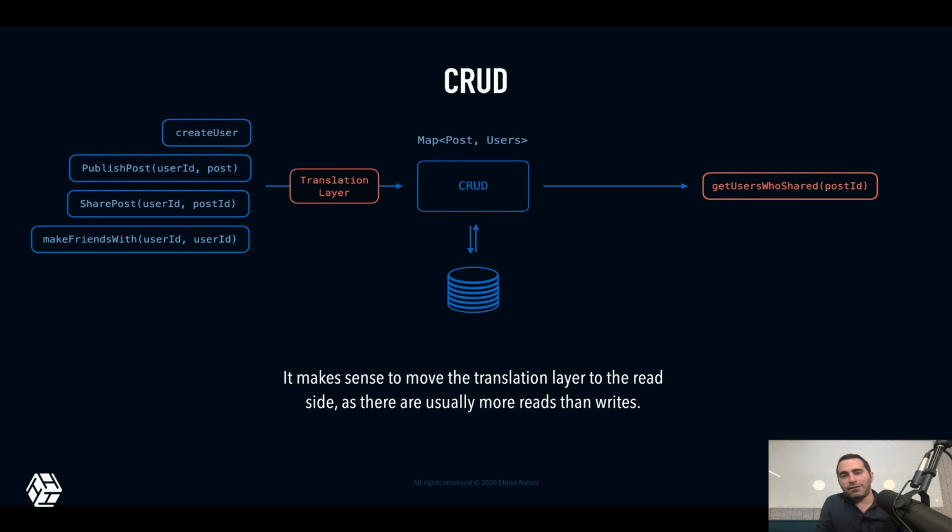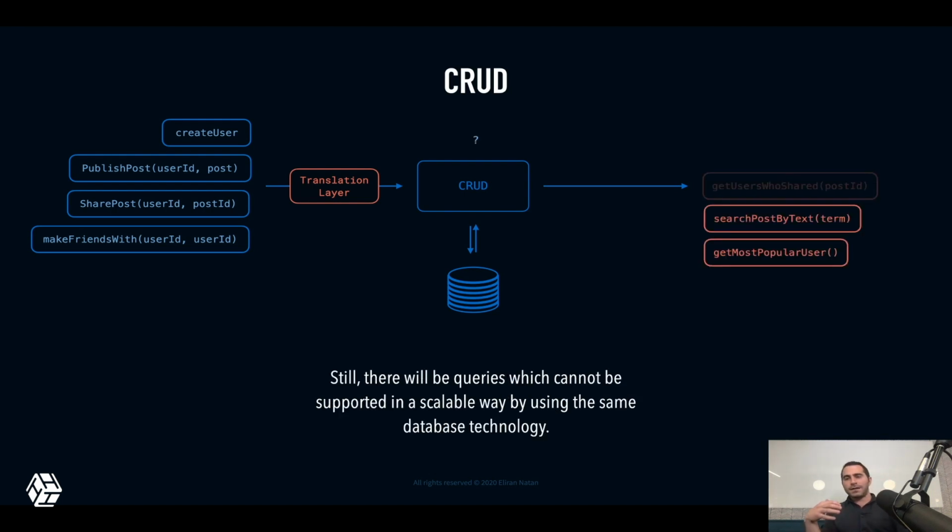But that doesn't really solve our problem entirely, because you can always get introduced to some queries or some combination of queries that can be very, let's say, deadly to your performance.